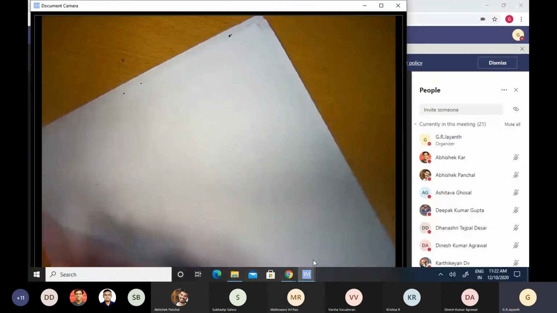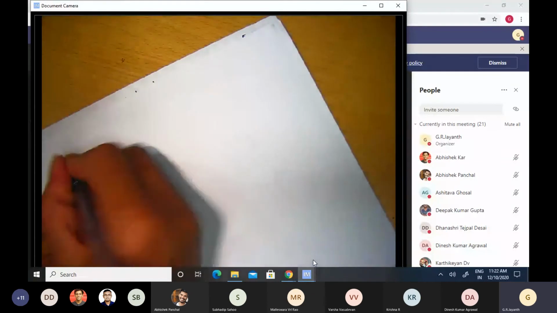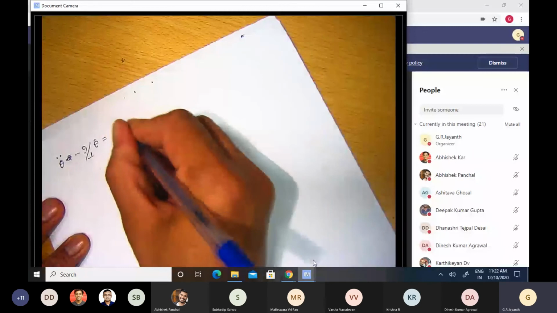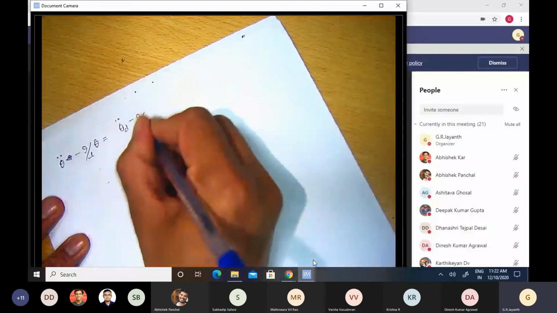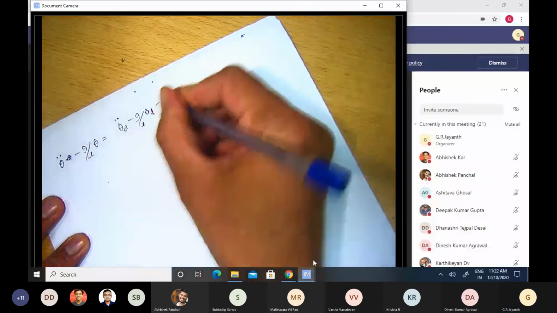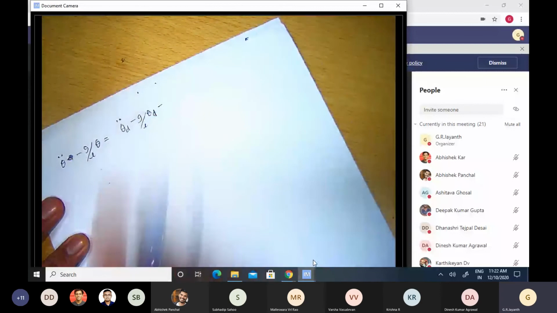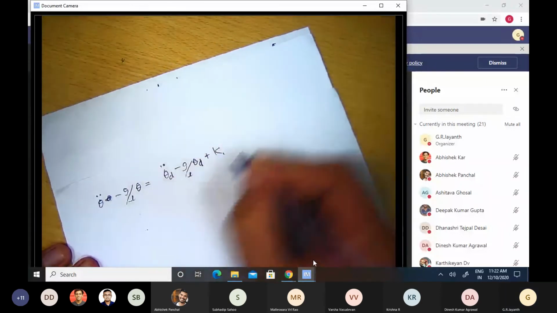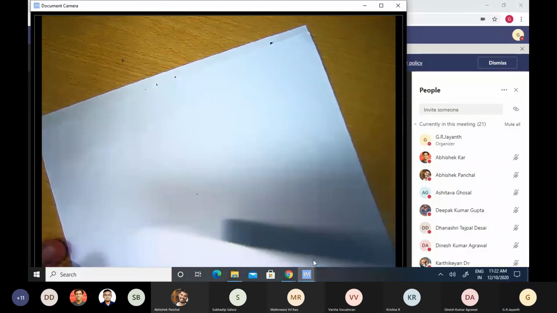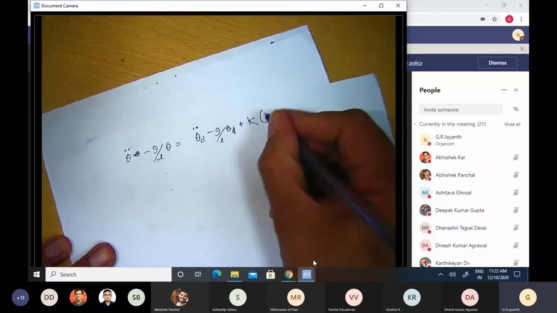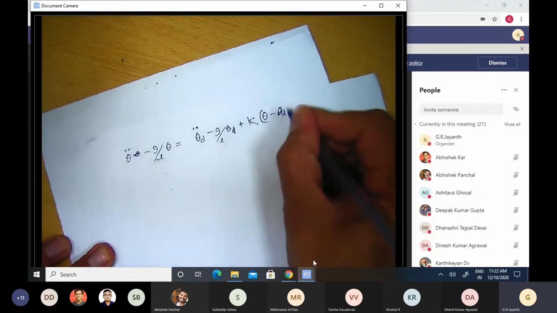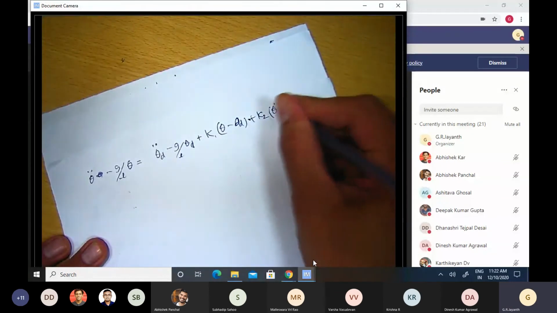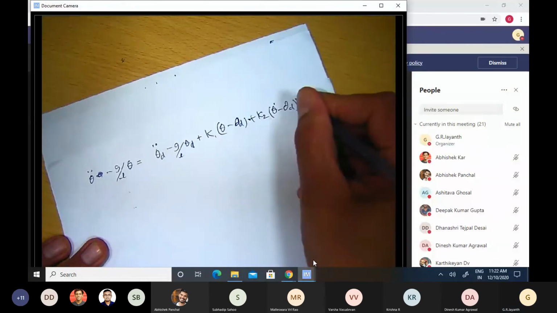So I would have theta double dot plus or minus g by L theta is equal to theta d double dot minus g by L theta d, minus or plus. I think I keep getting confused. Plus k1 times theta minus theta d plus k2 times theta dot minus theta d dot.